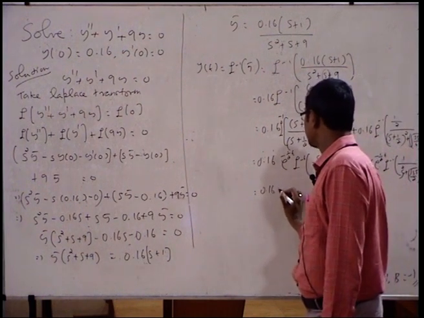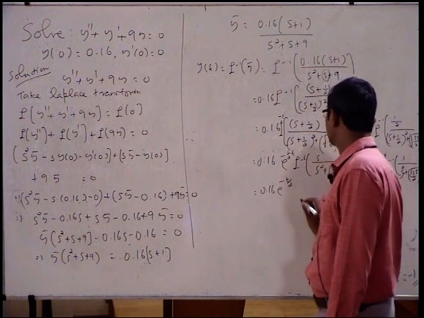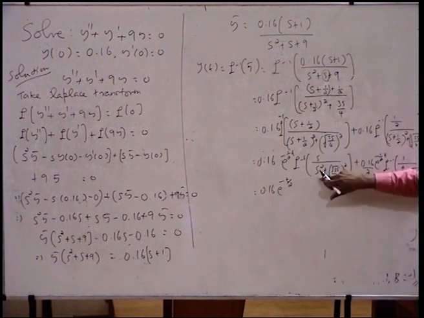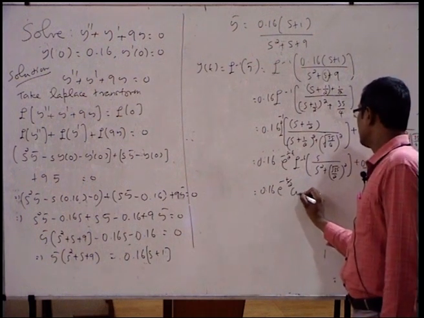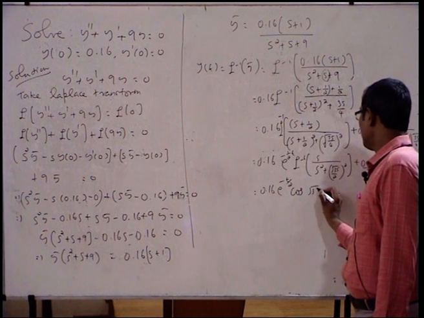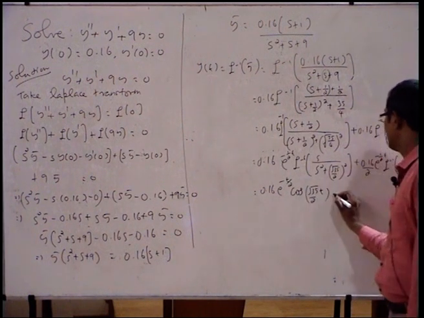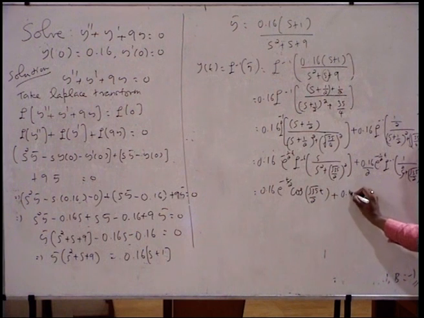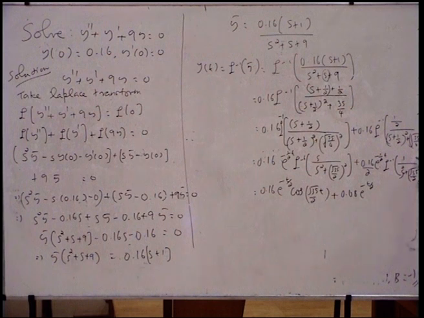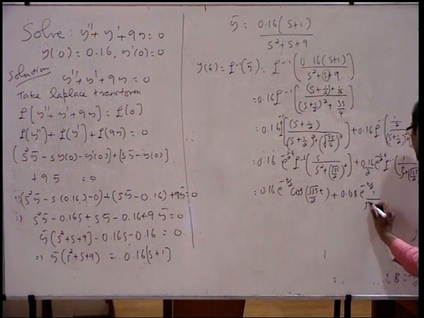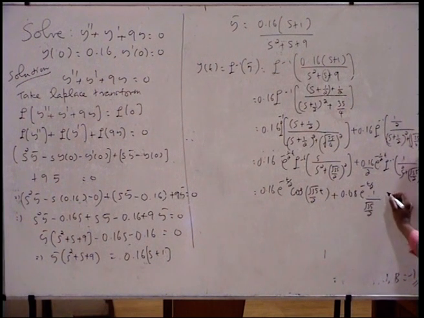or it is equal to 0.16 into e raised to minus t by 2 inverse transform of s by s square plus a square form. So that is cos root of 35 by 2 t plus 0.08 into e raised to minus t by 2 into, here the numerator is constant, so it is 1 by b, b is root of 35 by 2, into sine root of 35 by 2 t.